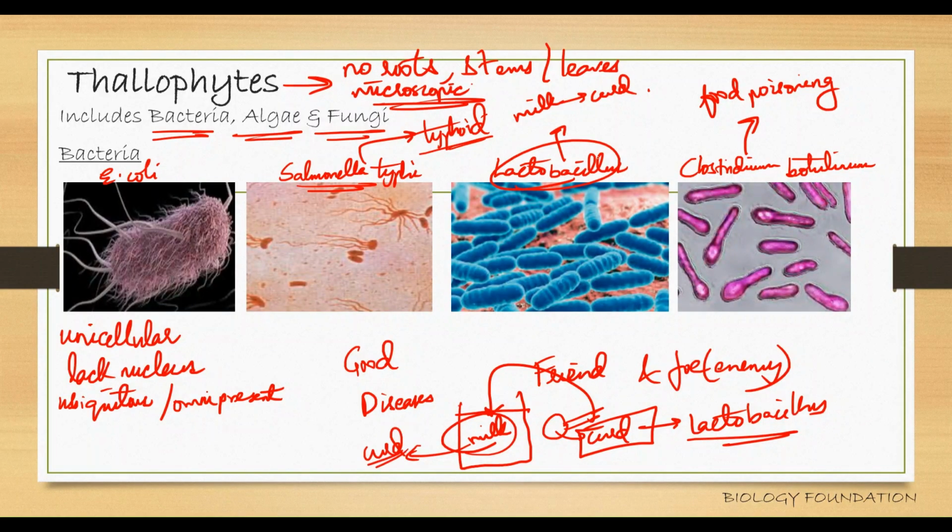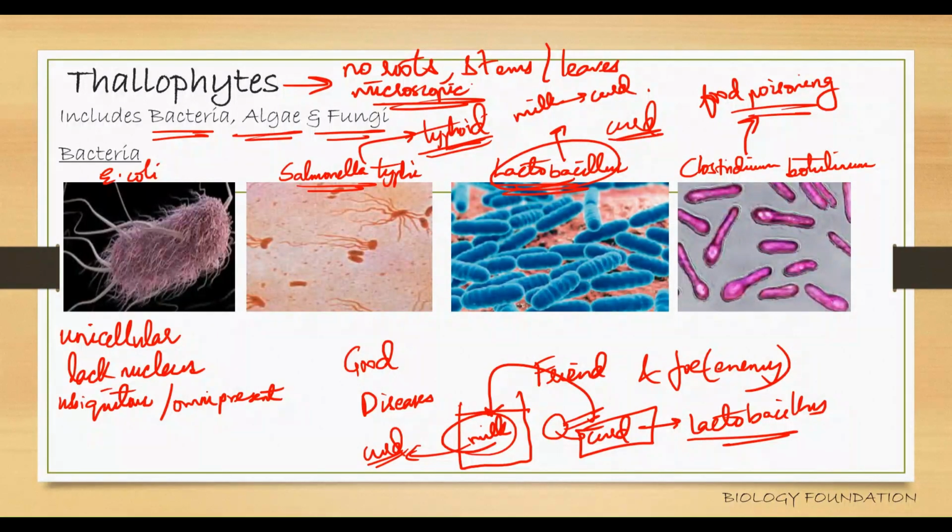So for making curd, we use this specific bacterium, Lactobacillus. So bacteria can either act like our friends by helping us in preparation of certain food items, or they can act like our enemies as they cause certain diseases. Basically, thallophytes are organisms which are mostly microscopic.